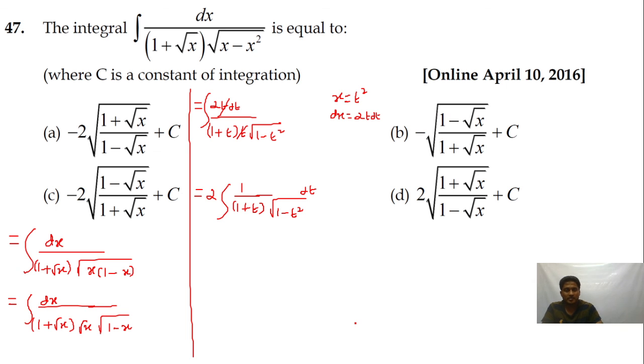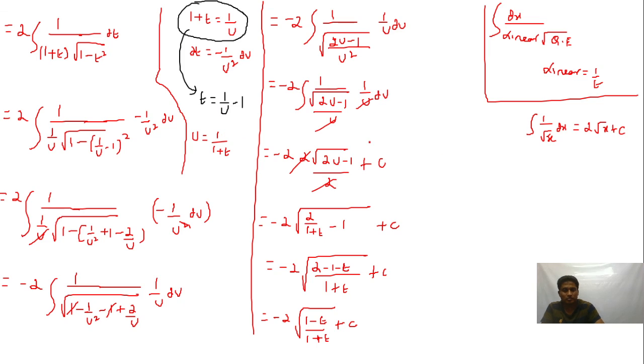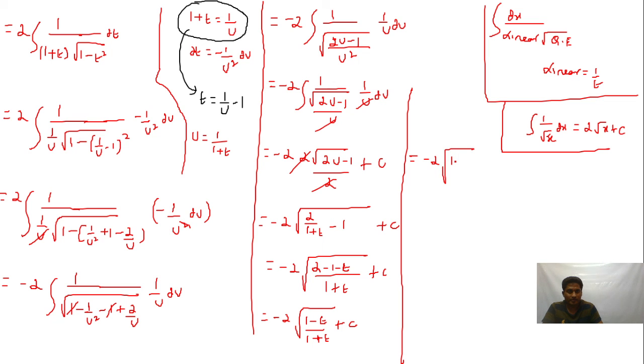T is equal to root x, right? From this, the value of t will be equal to root x. Okay, now if I substitute, you get minus 2, okay, into root of 1 minus root x divided by 1 plus root x, okay, plus the constant c.